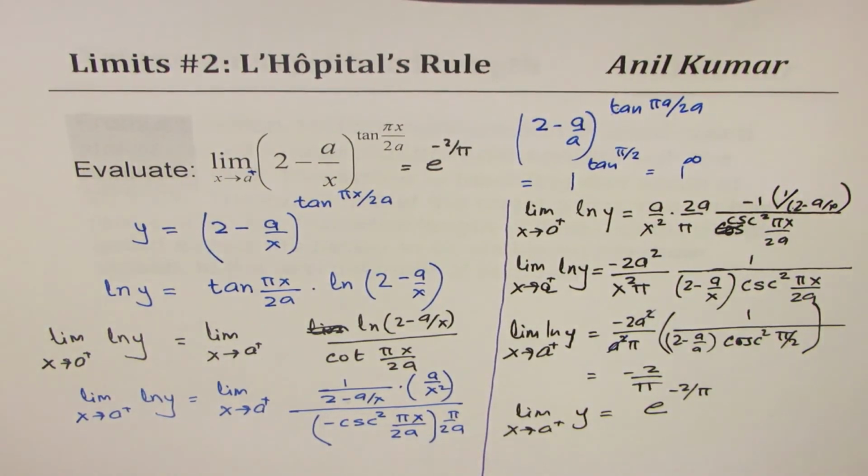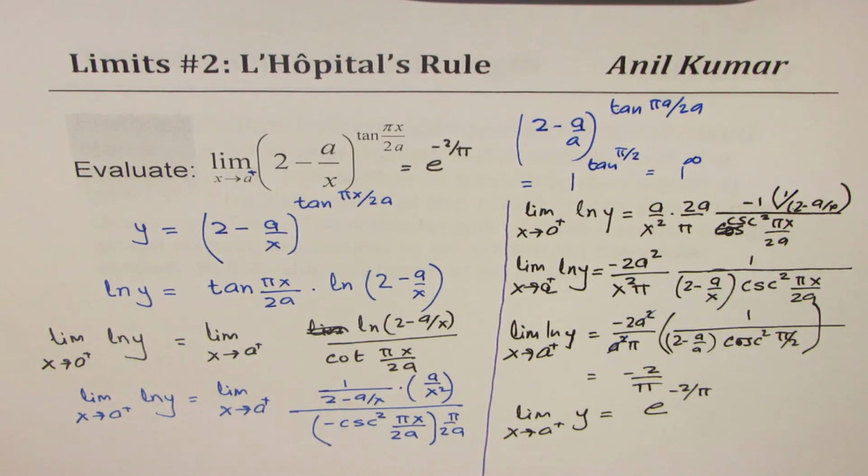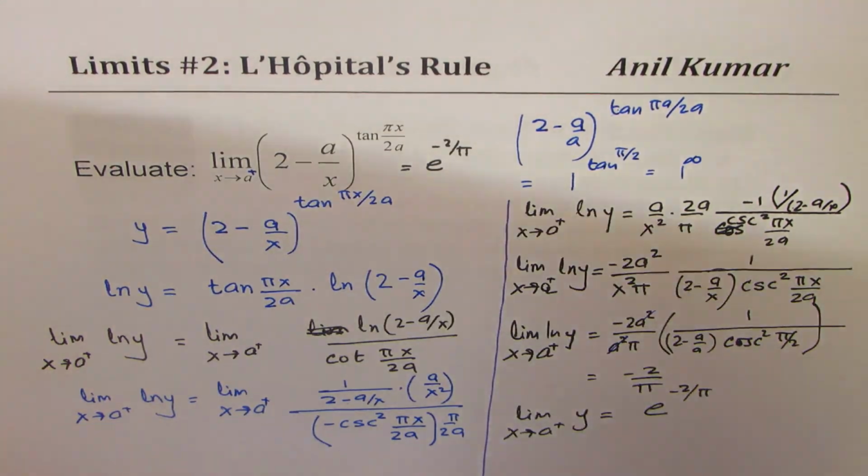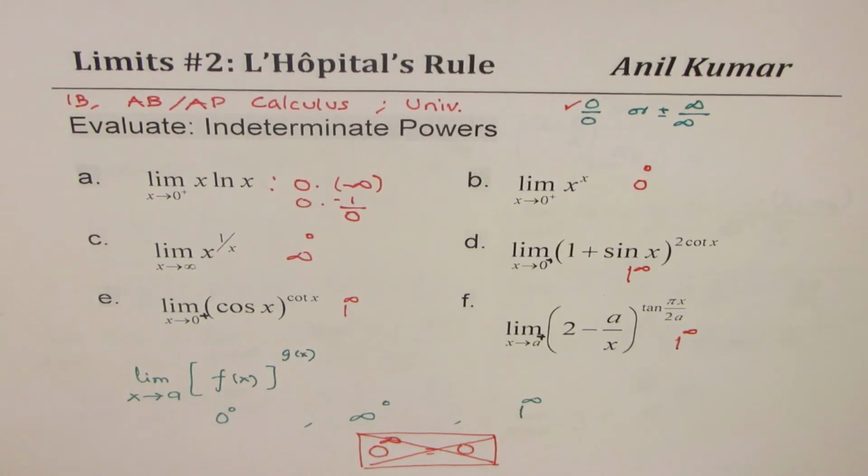So with this we conclude the series where we have taken 6 examples mainly to explain if we have a situation where we have indeterminate of the form of powers, in that case how can we solve these questions, correct? So I hope the concept is clear to you. Let me understand the concept which should be followed in solving such questions.